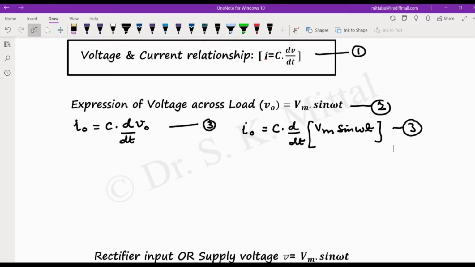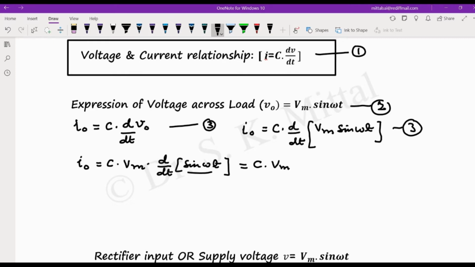If we solve equation number 3, then I0 equals C. Under this differentiation, Vm is constant, so we can write d by dt of sin omega t, and therefore it equals C into Vm.